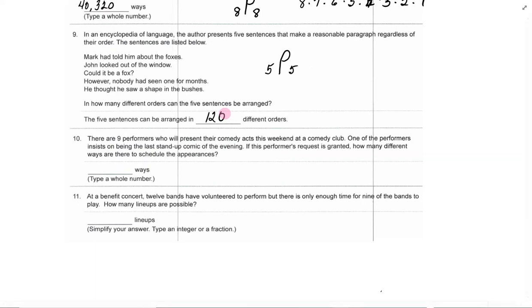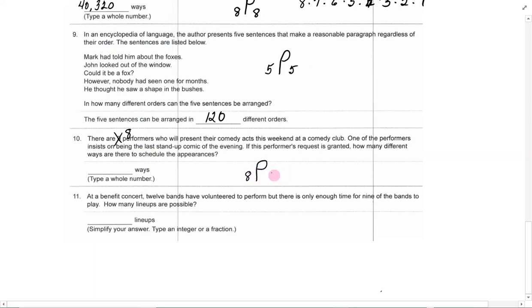Number 10. There are 9 performers who will present their comedy acts this weekend at a comedy club. One of the performers insists on being the last one. Now, when he insists, his spot is taken and there are now only 8 performers to worry about. So you've got 8.